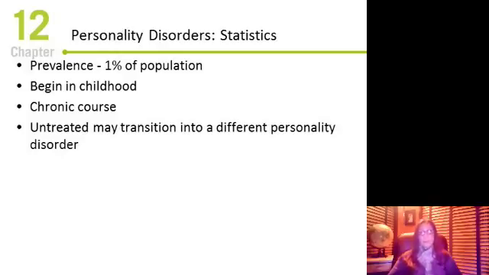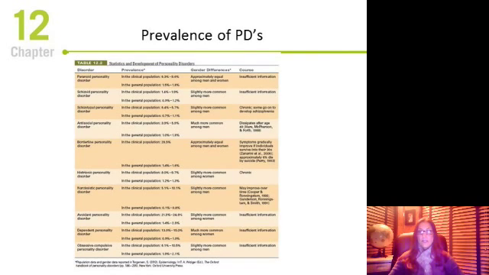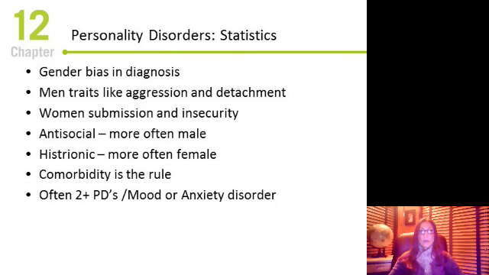It will last a lifetime and never go away if no one goes in to get help. If it goes untreated, it's going to run a chronic course. Okay, and it may transition into another personality disorder. This is just the prevalence rate. That's another thing you can go through on your own.